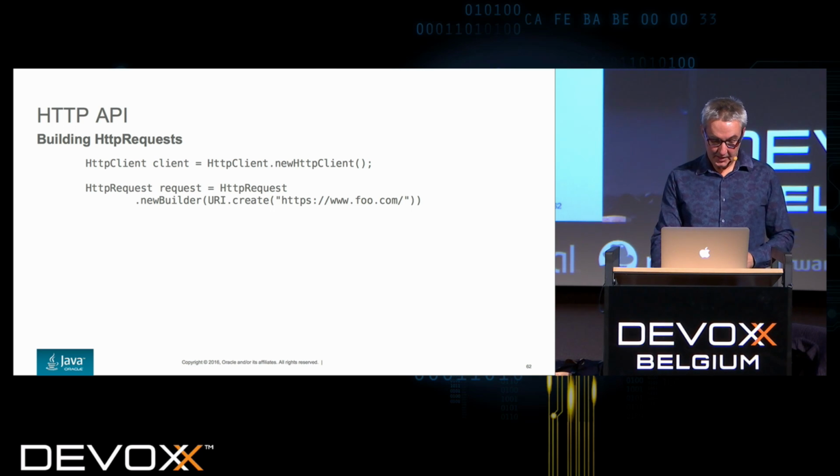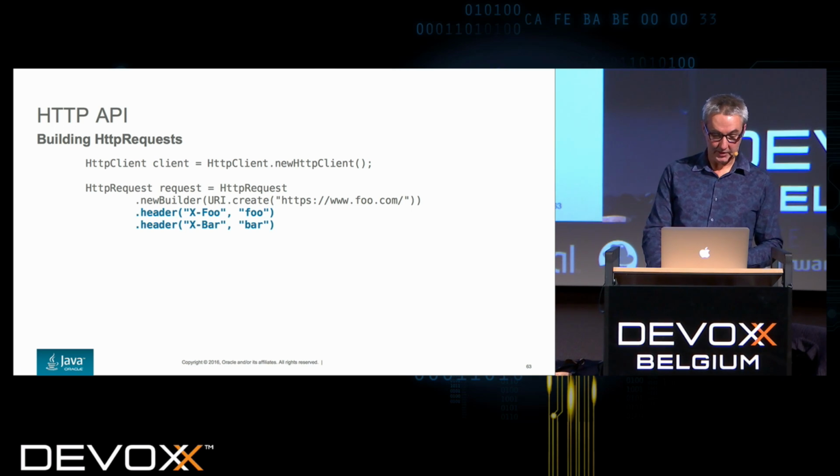Okay, so let's take a little look at the kind of things you can do to an HTTP request when you're building it. You can set headers in a number of different ways. The header method just accumulates additional headers using simple name value syntax like that.